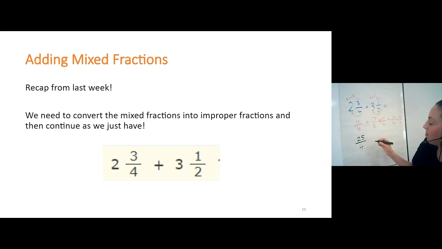Sorry, Pam. So what we do then, if we've got an improper fraction, we can convert it back into a mixed number. So a number that has a whole number and a fraction. We do that by figuring out how many of these denominators go into the numerator. We can even write it out.